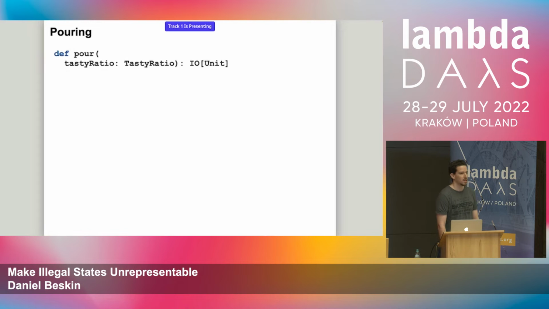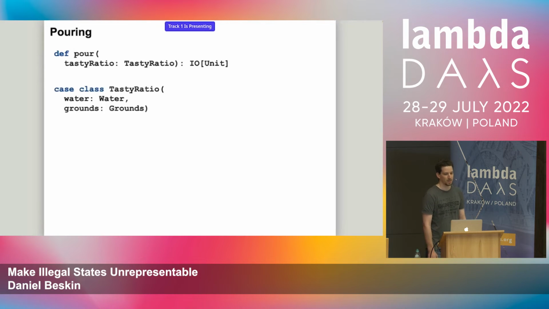Instead, we can do something like this. We define a new type called tasty ratio, and we only want to allow tasty ratios in our function. This seems like it would be kind of better, because here we're explicit about what we actually want to achieve. But not really, because the definition of tasty ratio is pretty much the same thing. You just shuffled your problem around into another place.